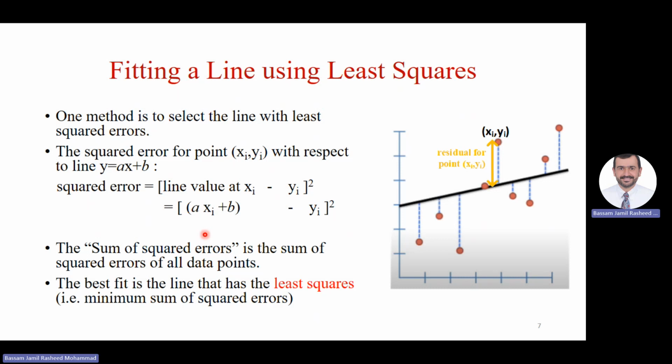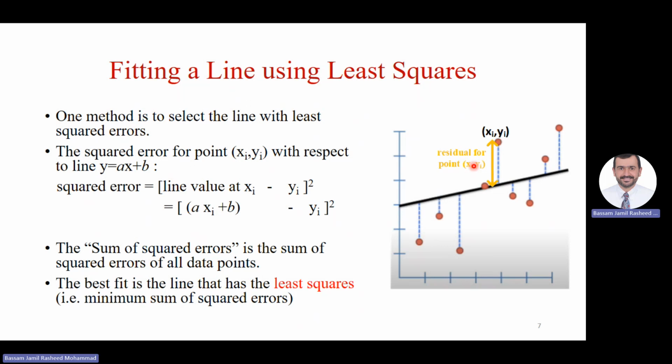Okay, so let's talk now in more depth about fitting a line using least squares. We talked about a cost function, right? So when I have this line, obviously I'm trying to find how good this line is. One way to do it is to measure these distances between my training data, my original data, and the line. This is called the error or the residual.